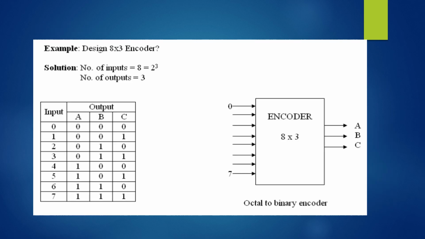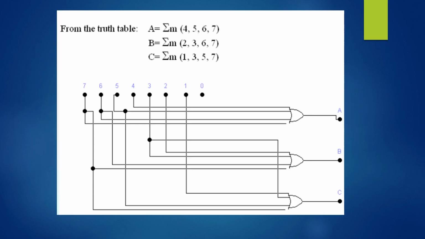The example they have given is 8 into 3 encoder. Number of inputs 8 means 2 power 3, and number of outputs required is 3. The inputs they have given as 0 to 7, and outputs A, B, C. From the truth table, they have assigned the K-map values: A equal to summation of 4, 5, 6, 7, B equal to summation of 2, 3, 6, 7, and C equal to summation of 1, 3, 5, 7.